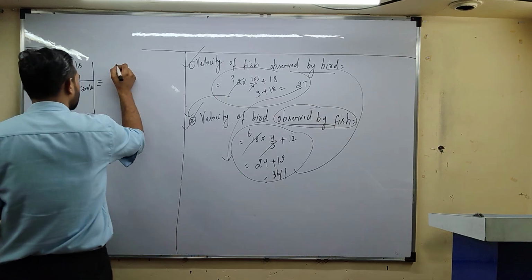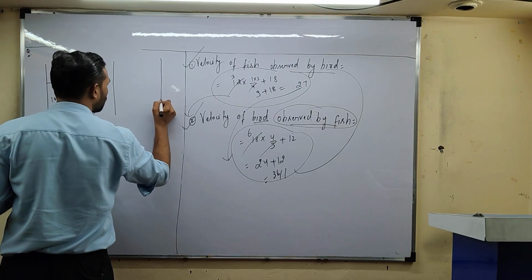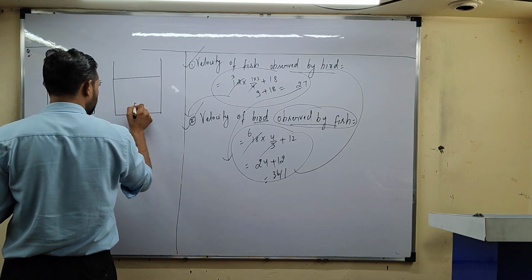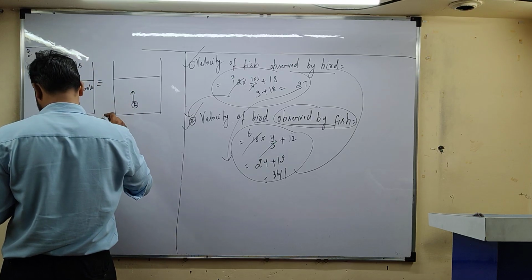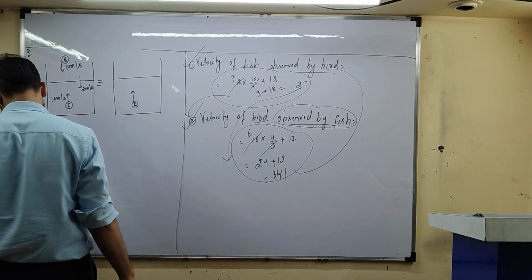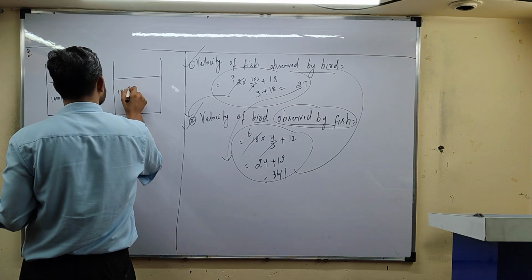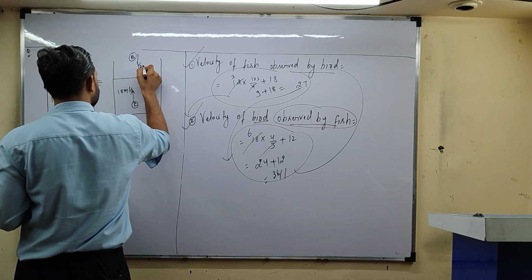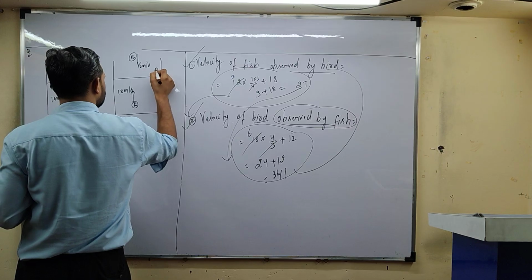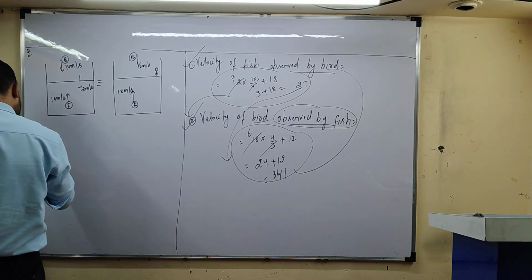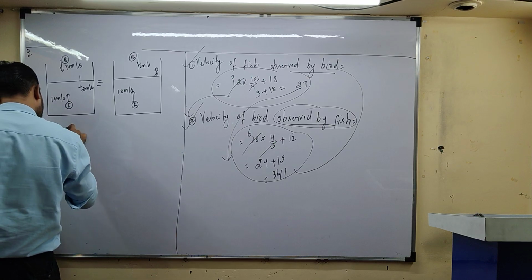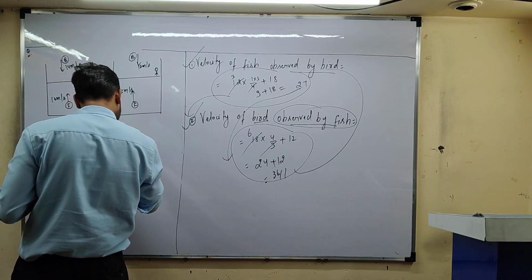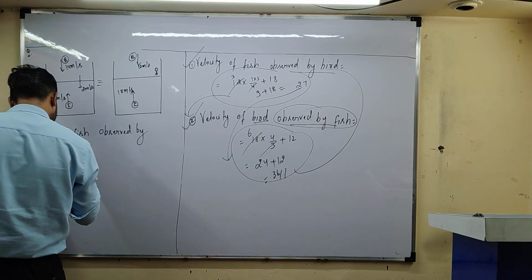You can do like this also. Fish 18 meter per second. Bird 12 meter per second. And you are the observer. You are seeing the scenario. Velocity of fish observed by bird.